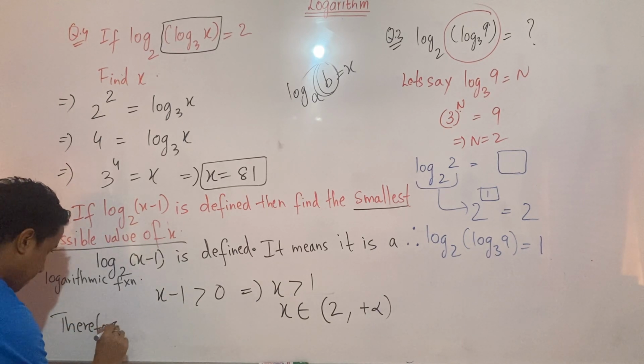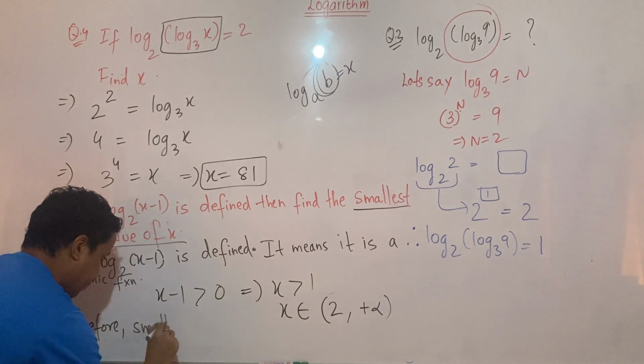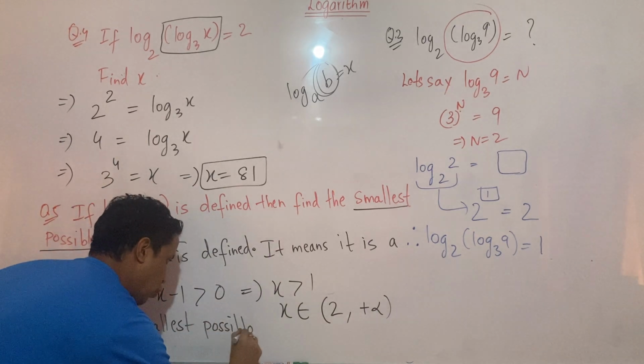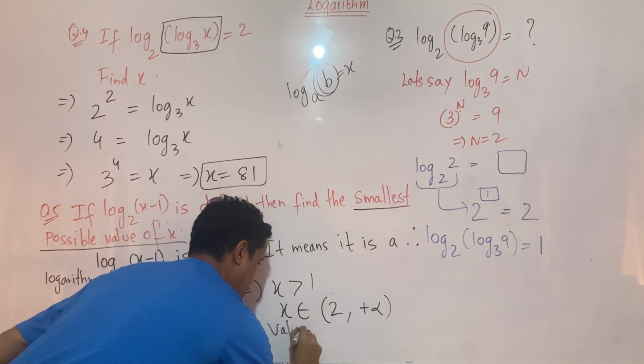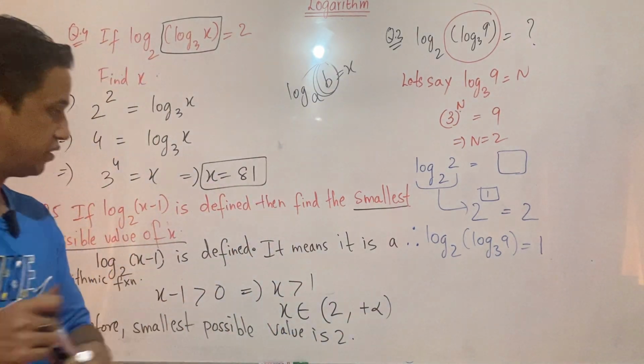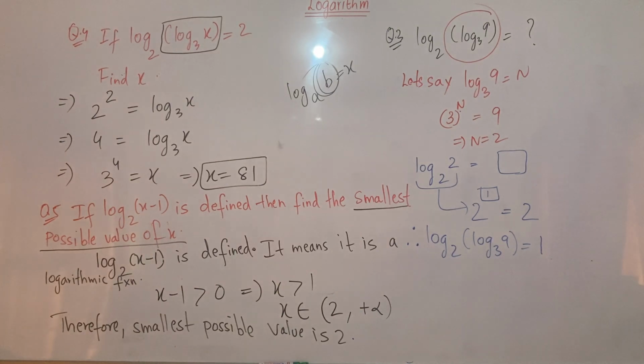Therefore, the smallest possible value is 2. I hope this is clear to you. Okay, let's take a few more questions.